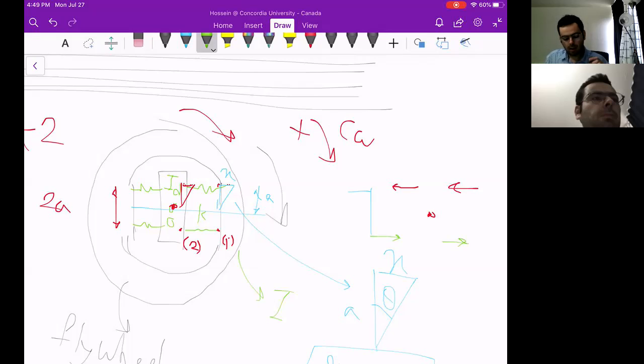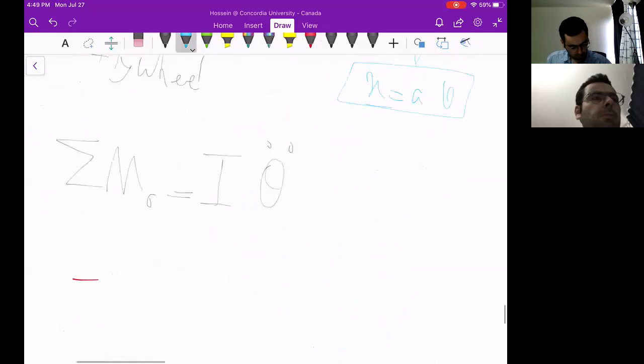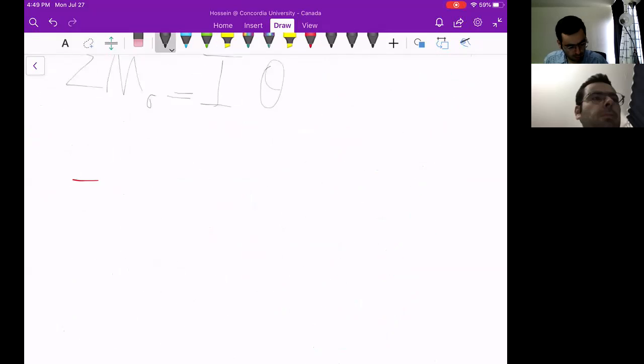If you take a look here, these 4 forces will create counterclockwise momentum around point O. Counterclockwise momentum. And this is the arm distance. Therefore I'll have 4 springs, 4K.